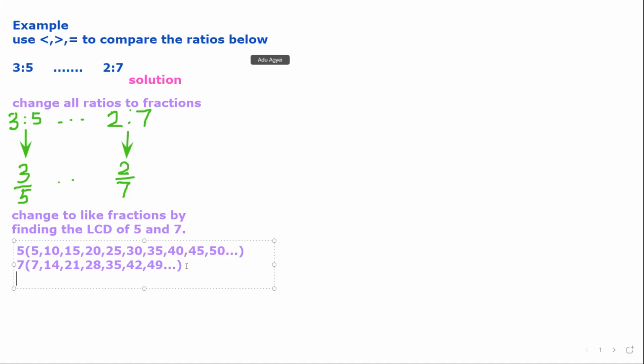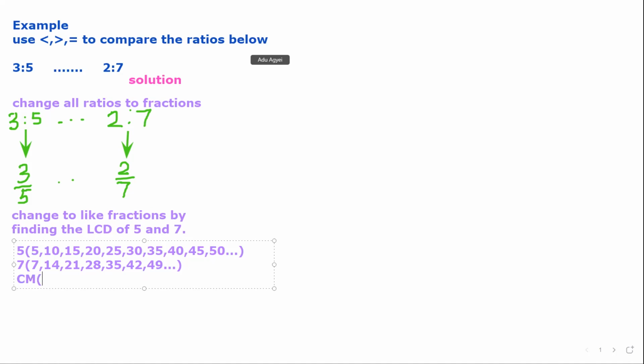Okay. After finding the multiples of each of the numbers or each of the denominators, then you find the common multiples, which is the CM. That is the numbers that appear in the multiples of 5 and at the same time multiples of 7.